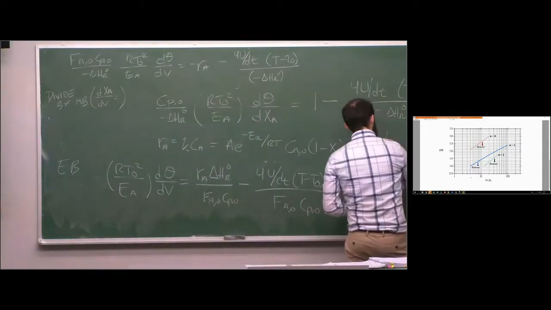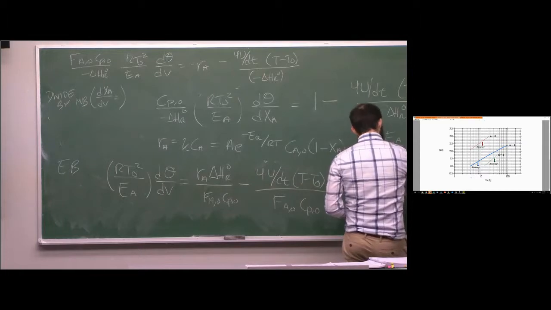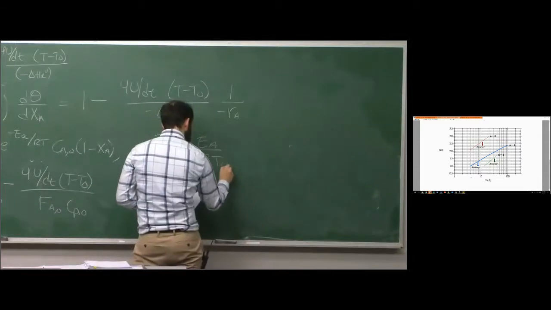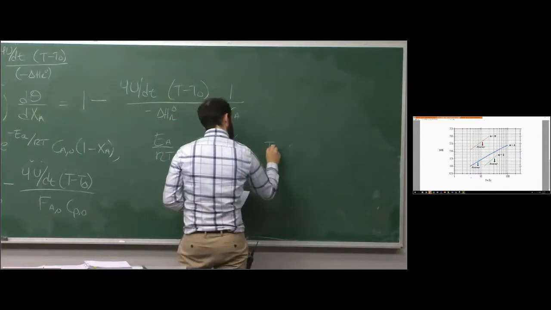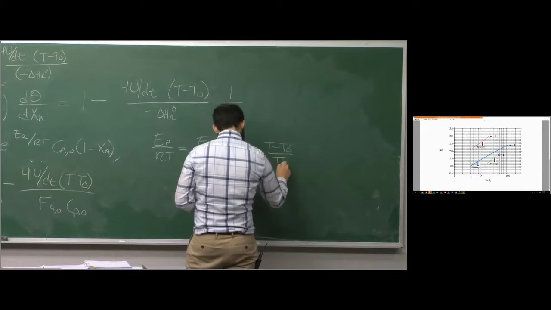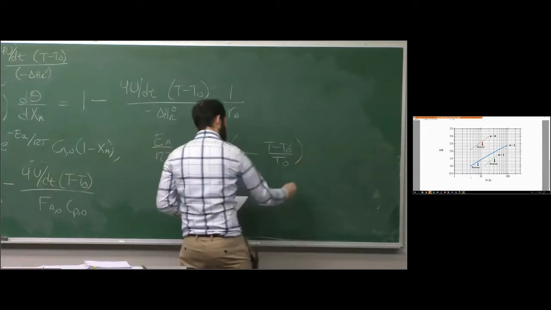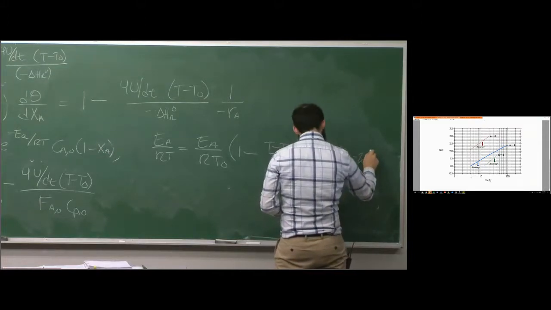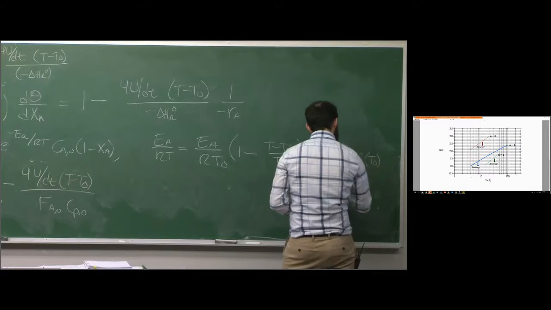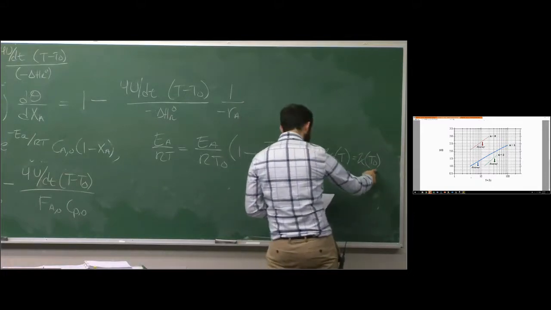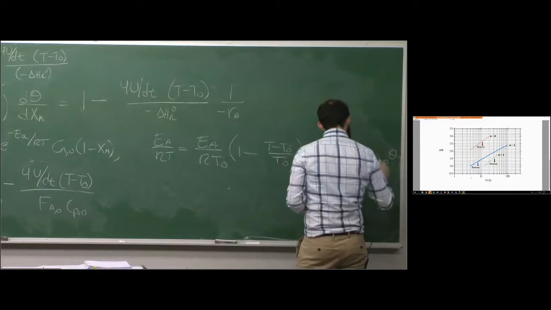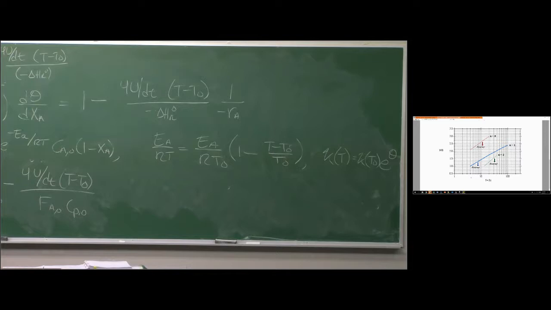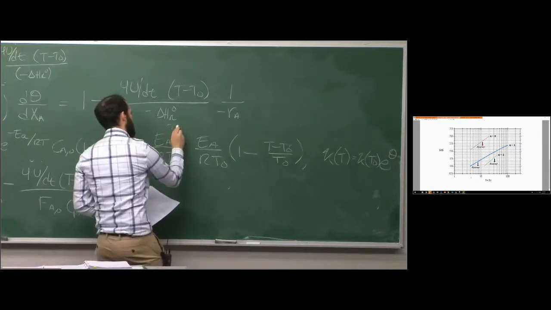After that, then we're going to relate this EA over RT term to theta. So what you get is that the K at any temperature is equal to the K at the initial temperature times just e to the theta. All right? Now we did this using a Taylor series approximation in this step.